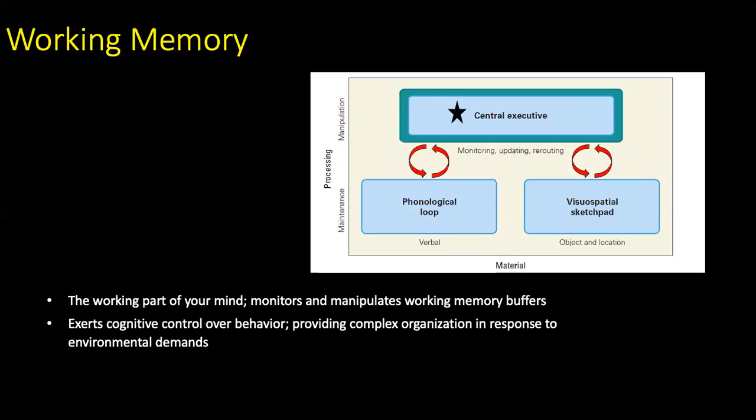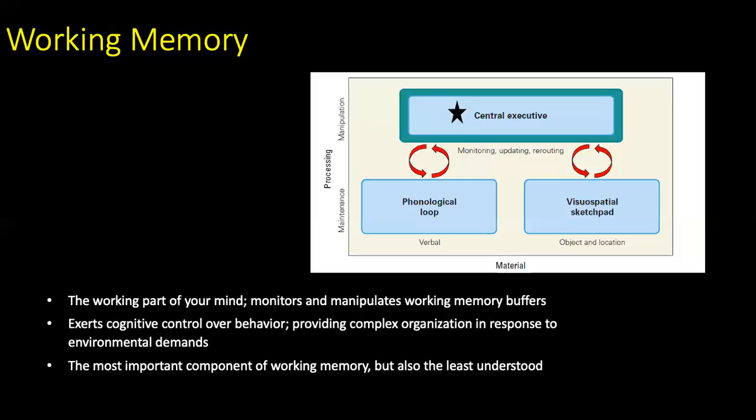So this is really complex organization in response to the demands of our day-to-day life in our environment, right? The central executive is directing our attention, monitoring and manipulating the information coming into it so that we can do our day-to-day activities and solve more complex problems.